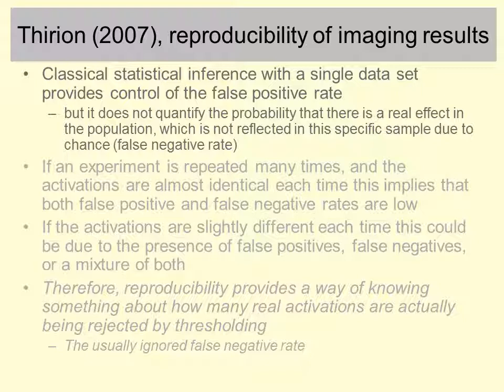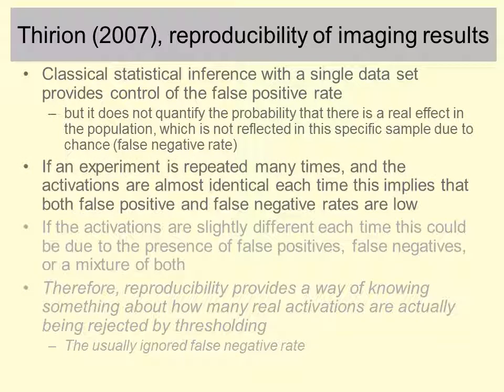But this doesn't quantify the probability that there is a real effect in the population which is not being reflected in this specific sample due to chance sampling events causing the effect size to be smaller in your sample than it is in the actual population, and therefore easy to miss, particularly with small samples.